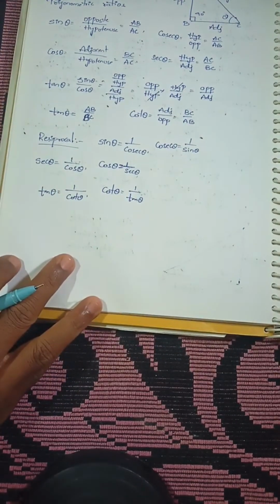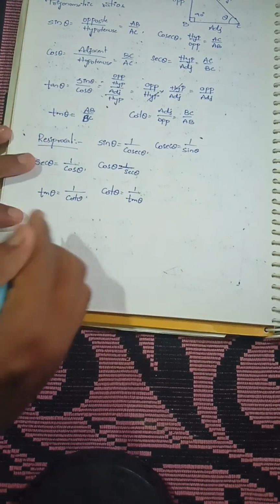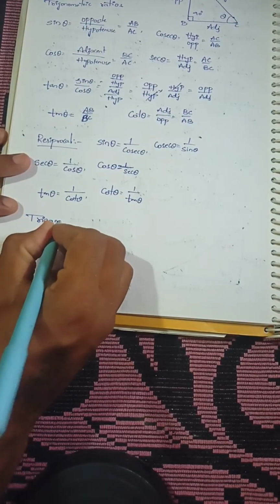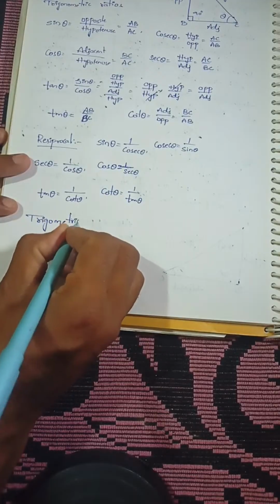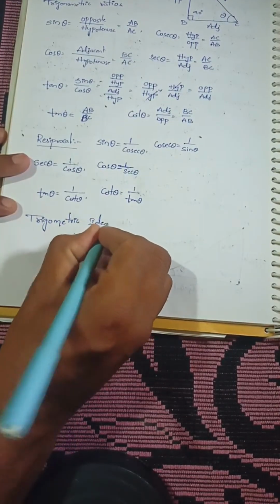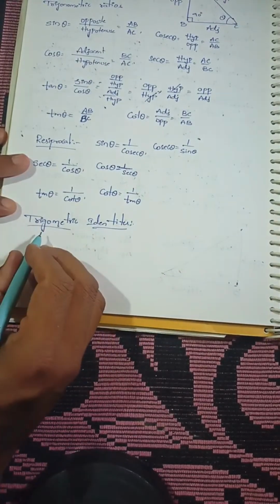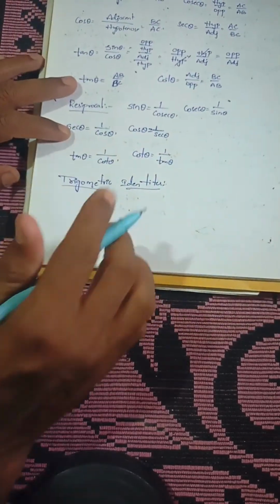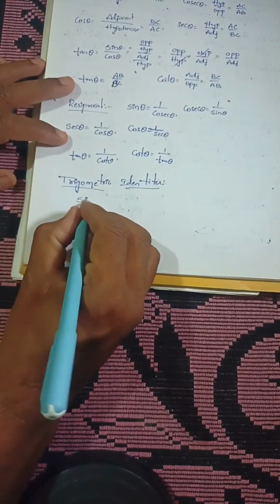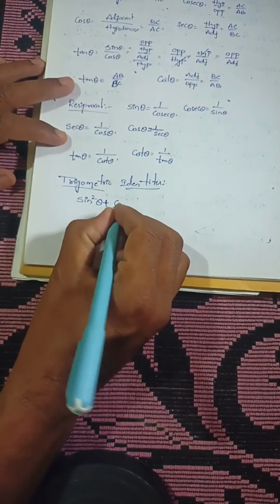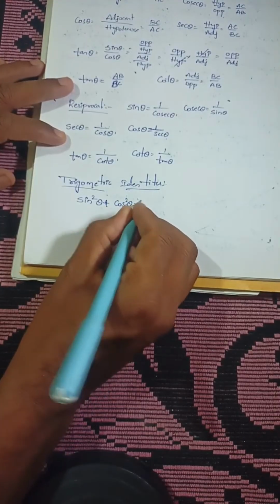So next we are going to write the three identities. So trigonometric identities, which are very important. I'll explain in detail how to convert these identities also. Now see, the first identity is sin square theta plus cos square theta is equal to 1.